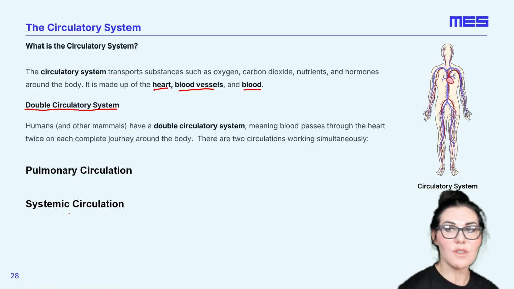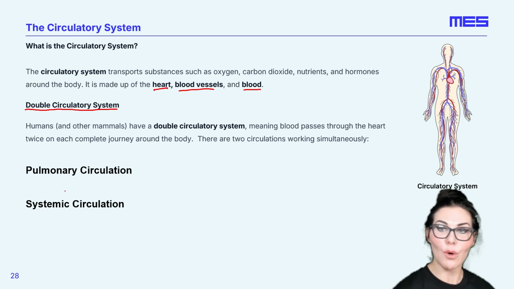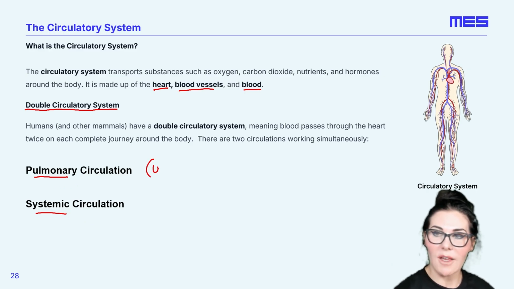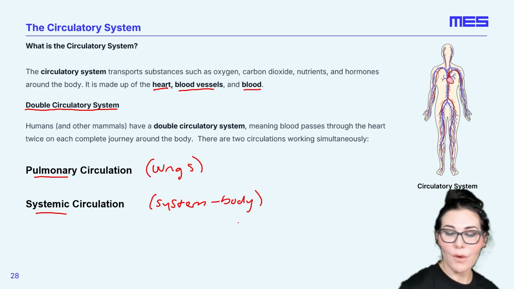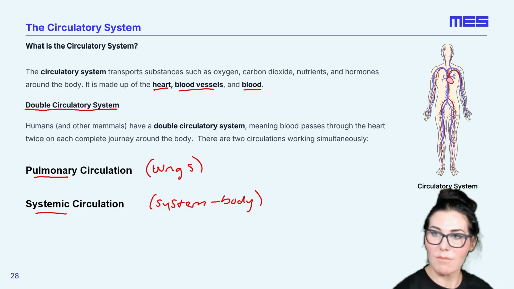And the two circulatory systems working simultaneously are called the pulmonary circulation and the systemic circulation. Pulmonary generally in biology means lungs, and systemic means your system, your whole body. We're going to focus a bit more on our next slide on what we mean by that.